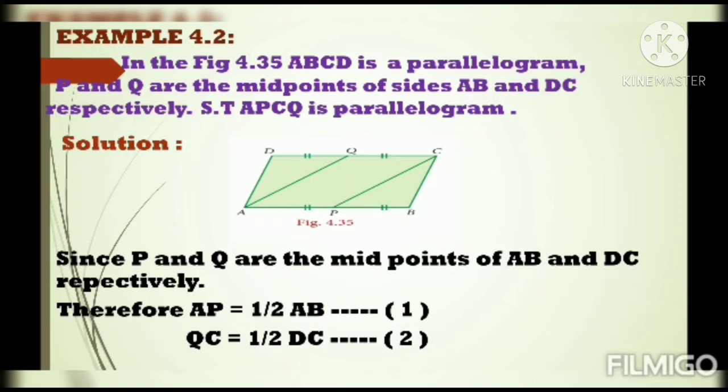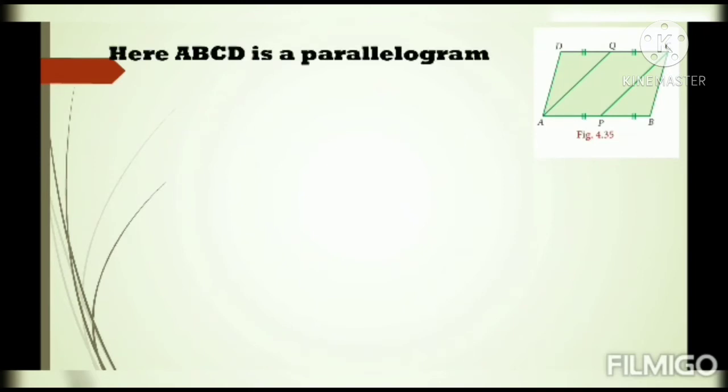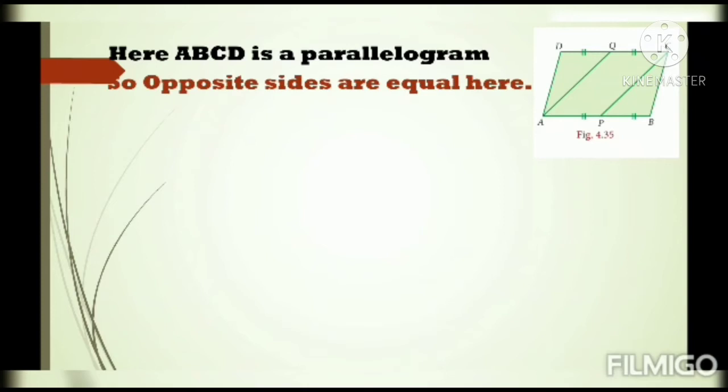Okay guys. So, here ABCD is a parallelogram. In a parallelogram, opposite sides are equal and parallel, isn't it? So, what are the opposite sides of the parallelogram ABCD? Yes, AB and CD are the opposite sides.